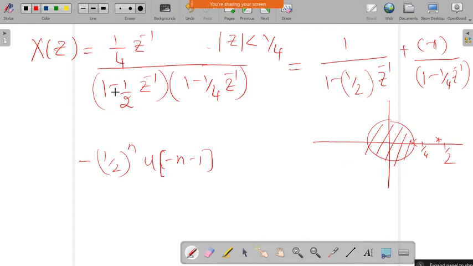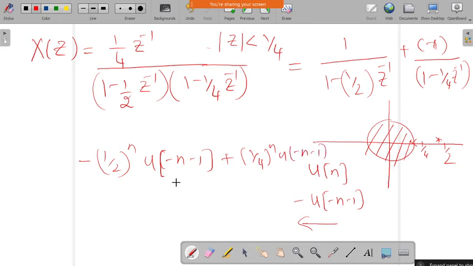Instead of u of n from the earlier problem, we now take u of minus n minus 1, with a minus sign, which represents the negative sided sequence. Similarly, for this one it will be 1 by 4 power n into u of minus n minus 1. This is how we get the negative sided sequences.